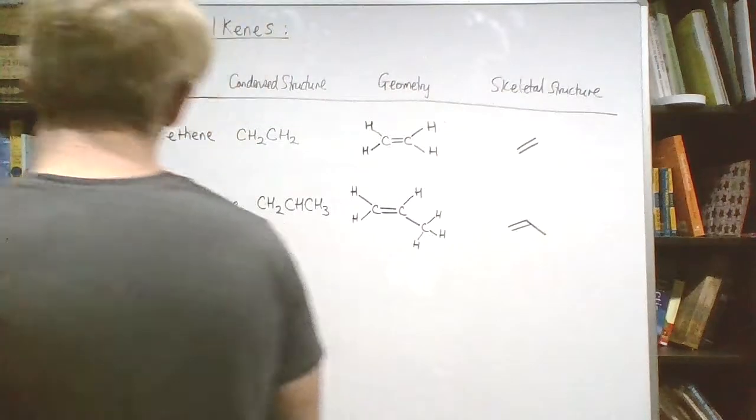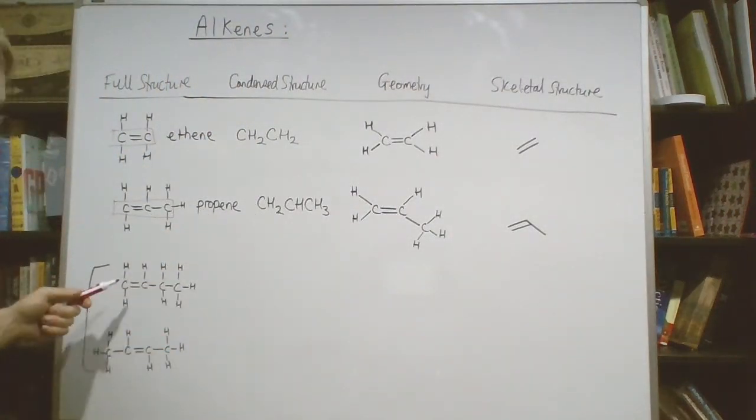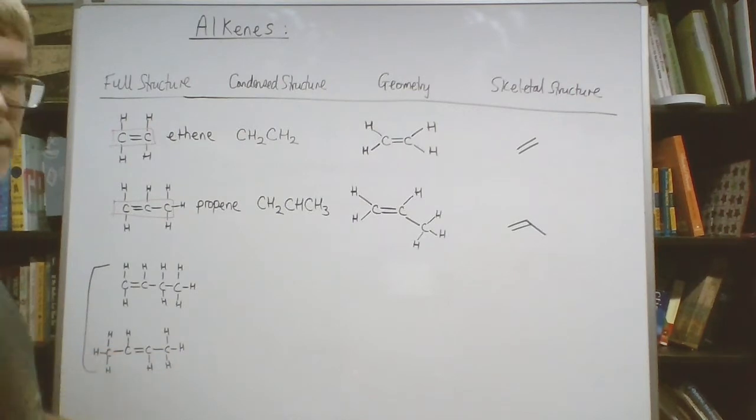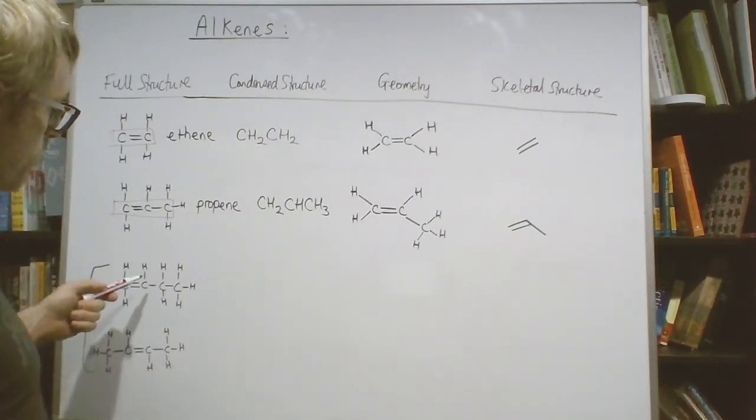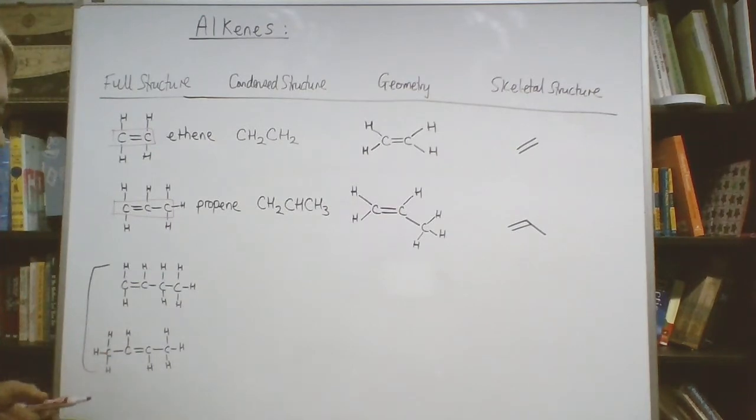Because I can no longer just say butene, because but means 4 carbons, ene is a double bond. That would be butene, but that would also be butene, but they're different. So this is the start of something we're going to have to introduce, or at least the foreshadowing seeds of complexity.